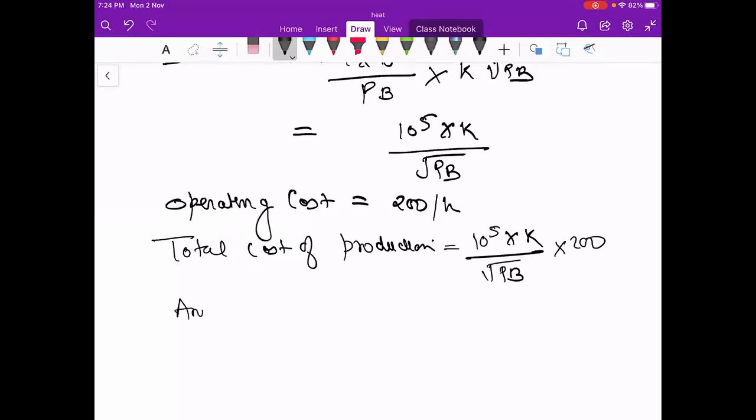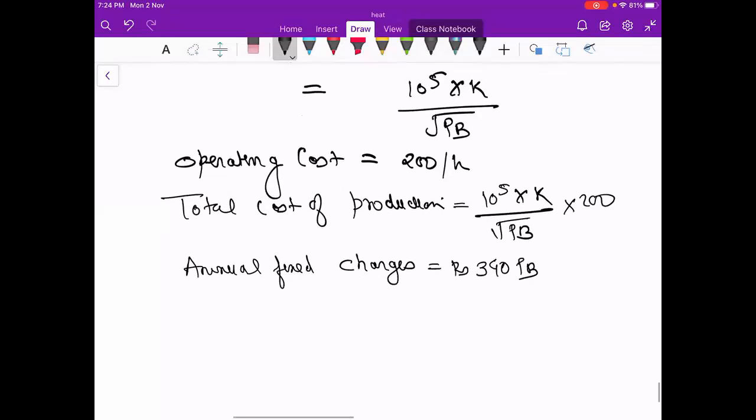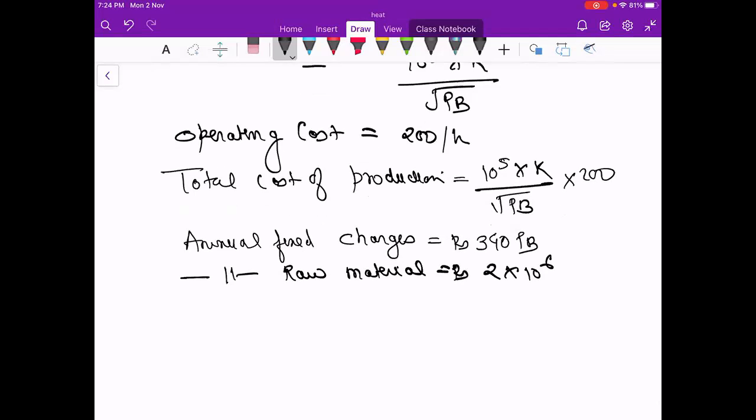Annual fixed charges are given, that is 340 rupees PB. And annual raw material is also given, it will be 2 into 10 to the power 6 rupees. Similarly, we have done the question of that diameter.